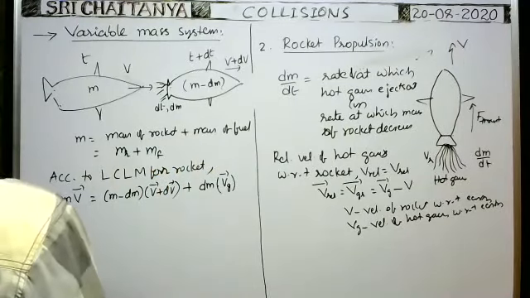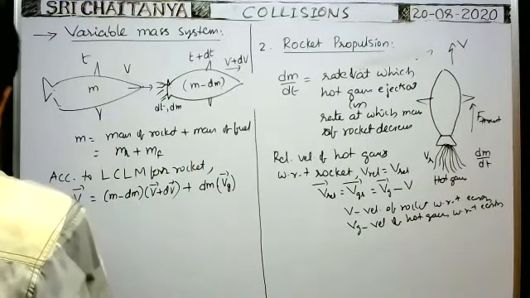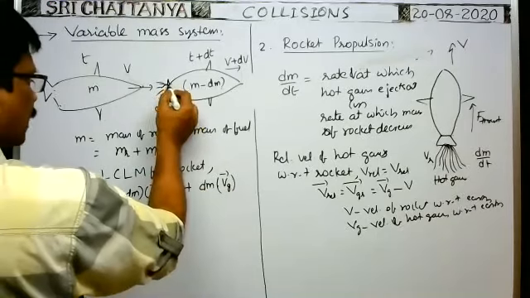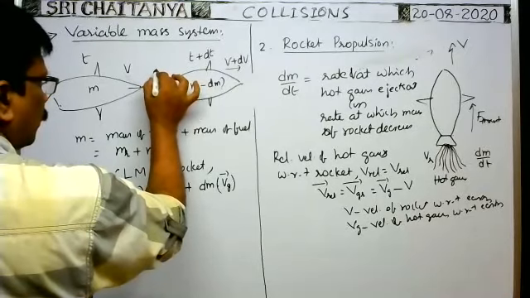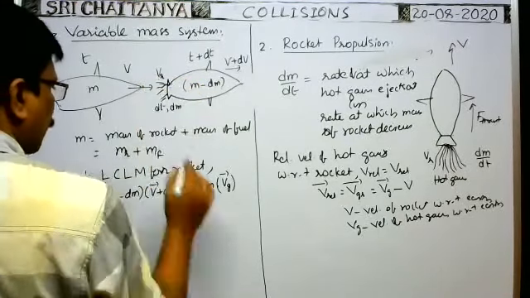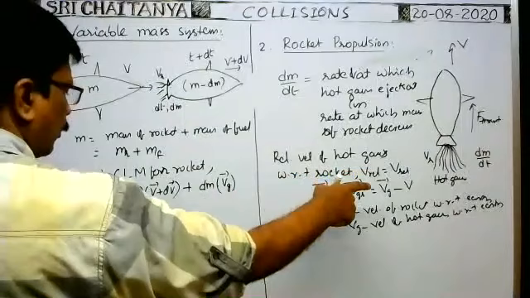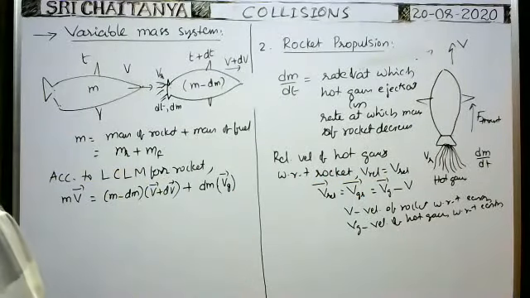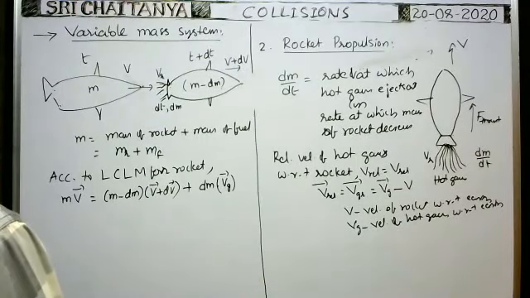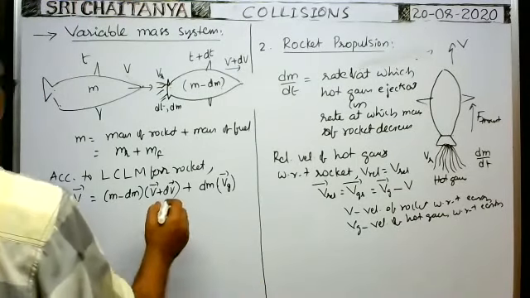Now you substitute the data. The relative velocity of the hot gases, with which the hot gases come out, is vr. Already we wrote vr or v relative. So from that, what about vz, the velocity of the hot gases?